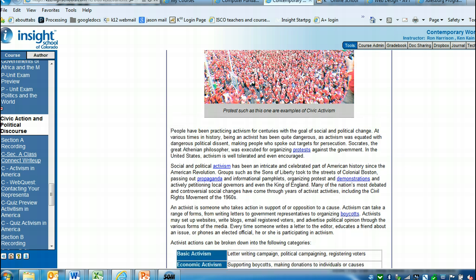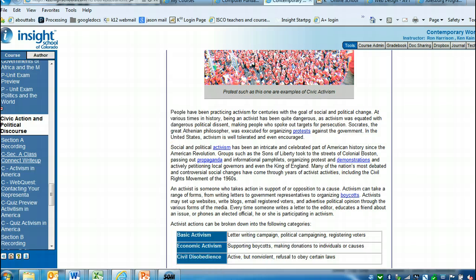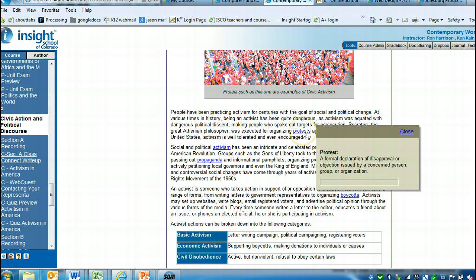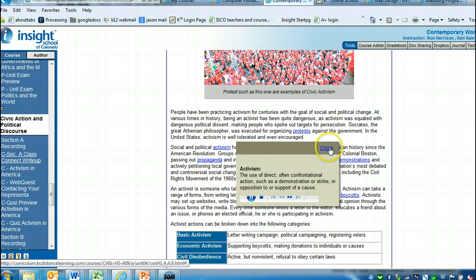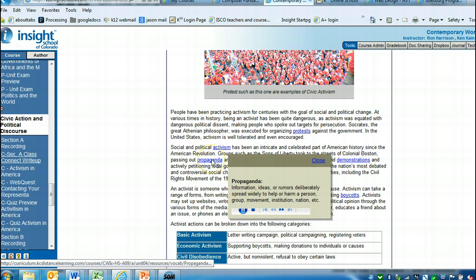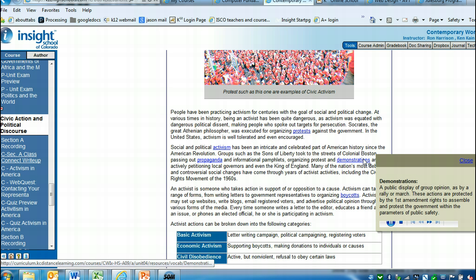Now, there are many ways that general citizens can be activists. They can have protests. You can see what protests are: declaring disapproval or objection. Use information, ideas, rumors, etc. They can hold demonstrations, like marches, things like that.